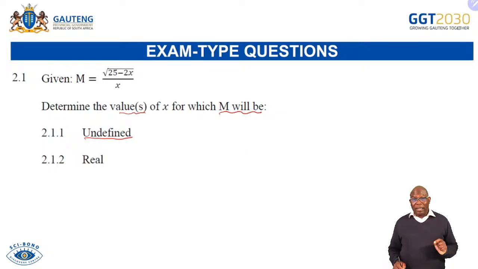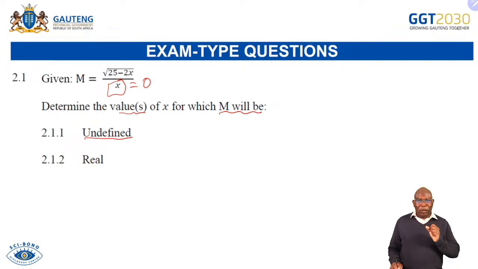Remember I said a negative answer inside the square root does not mean that we are undefined. The only way we know it is undefined is when the value of x in the denominator is 0. If that is 0, then this whole fraction will be undefined.